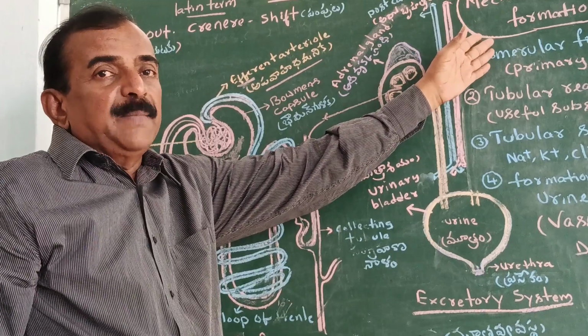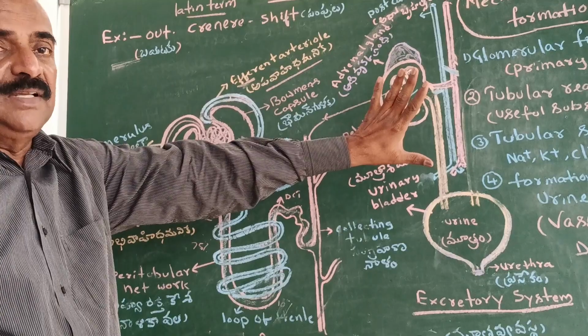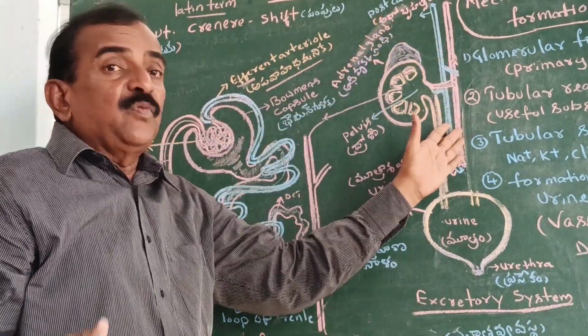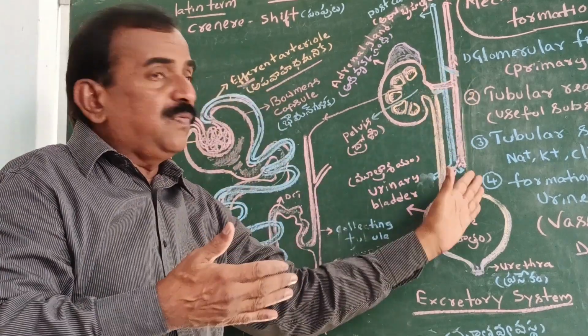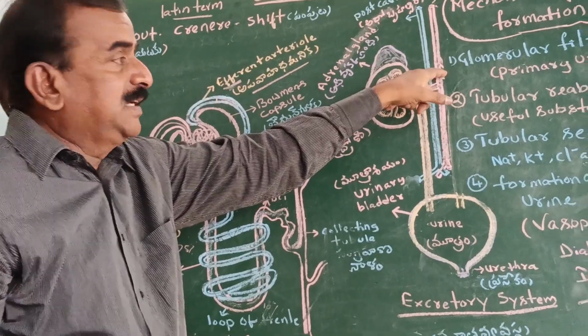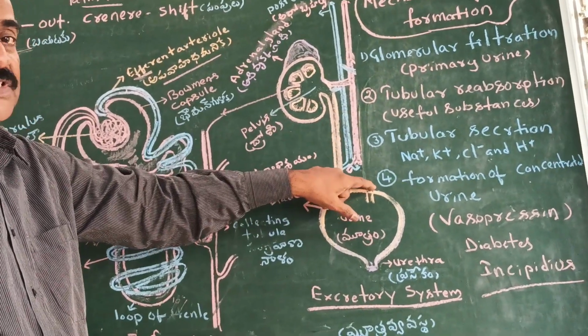The mechanism of urine formation has mainly four parts. Four stages are there: this is the first stage, this is the second stage, this is the third stage, and this is the fourth stage.